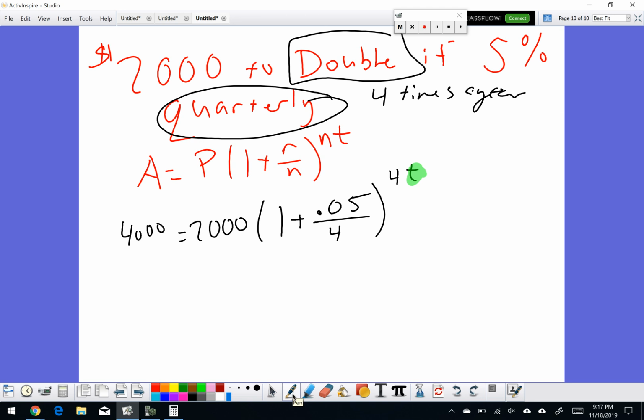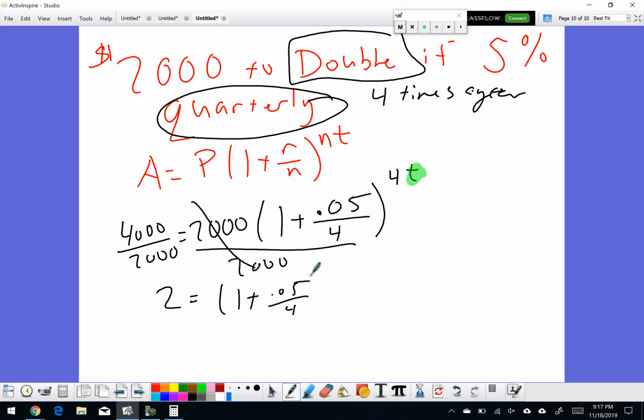The first step is to divide by 2,000. Those cancel out, and notice this is 2. It'll always be a 2 if it's doubling, because doubling means twice the amount. If we're talking about tripling, that amount would be 3. Sometimes you hear the half-life of carbon dating and things like that. That amount would be 1/2.